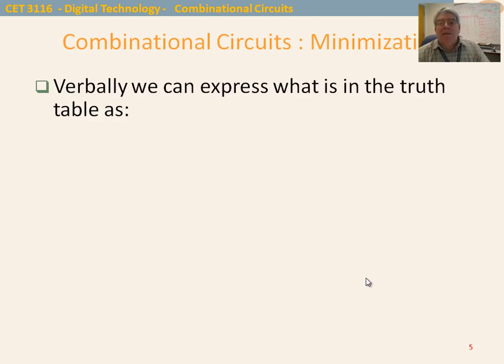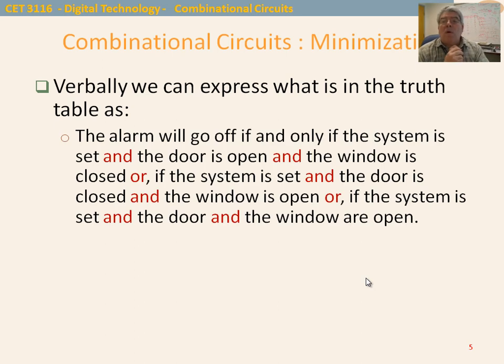Verbally, we can express what we arrived at in the truth table exactly as follows. The alarm will go off if and only if the system is set and the door is open and the window is closed, or if the system is set and the door is closed and the window is open, or if the system is set and the door and the windows both are open.